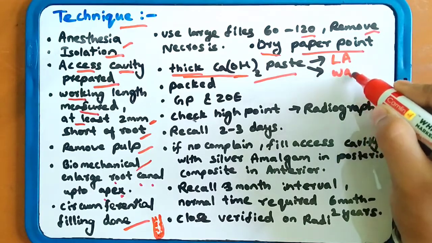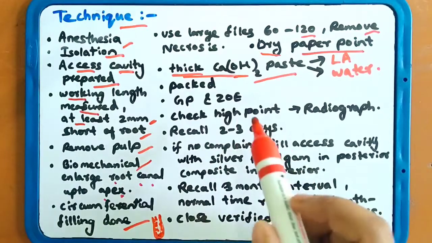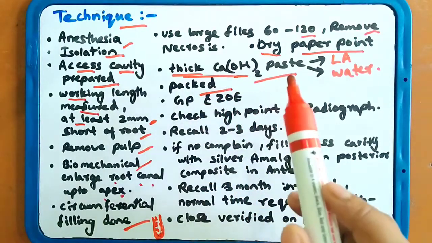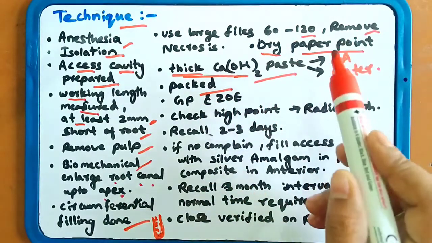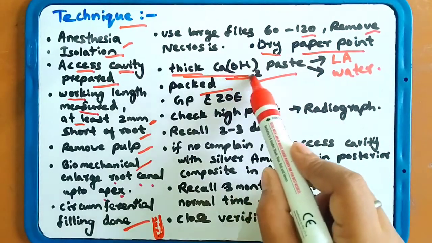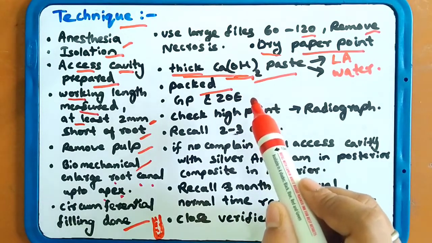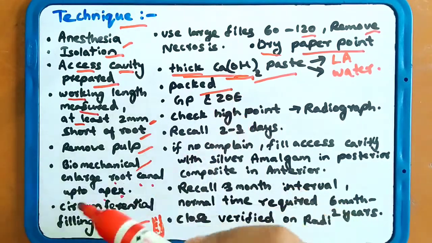Then we will pack the root canal with calcium hydroxide using a plugger. You should avoid pushing foreign substances beyond the open apex.